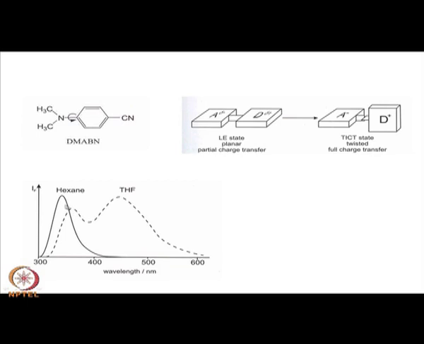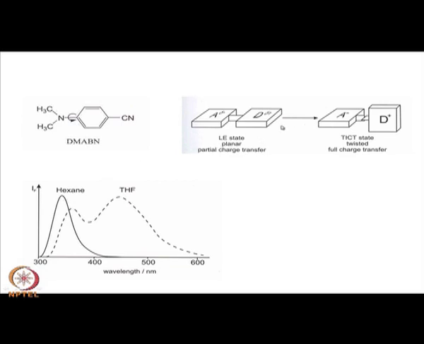One is close to the original one, and another is a red shifted emission band. This band corresponds to the locally excited state, and this locally excited state is there even in a low polarity solvent like hexane.